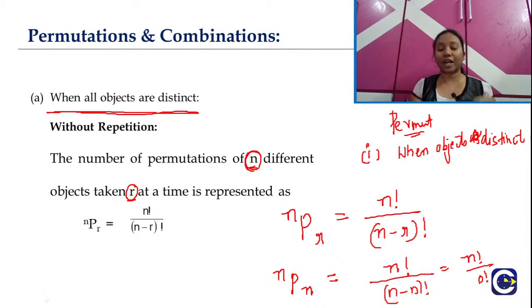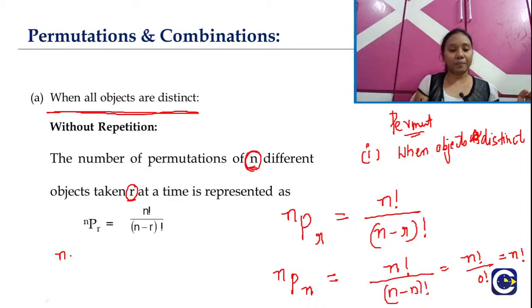While discussing the factorial properties, we have already seen 0 factorial is equal to 1. So nPn is directly equal to n factorial.